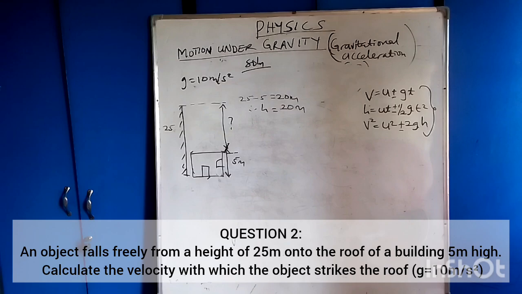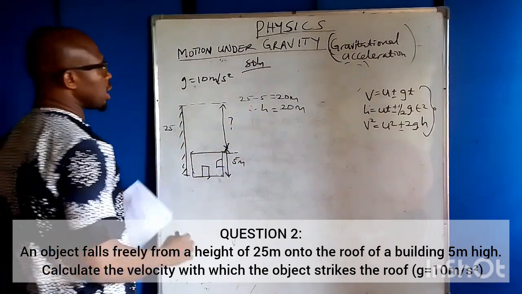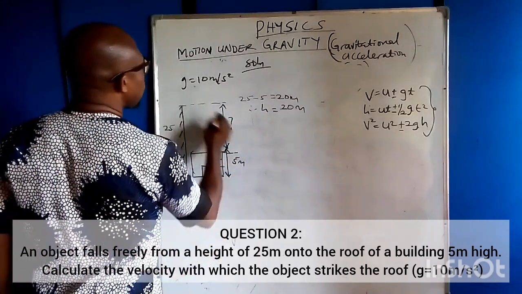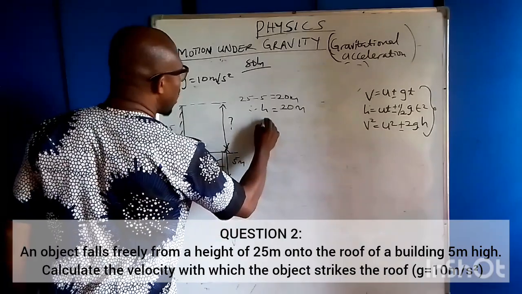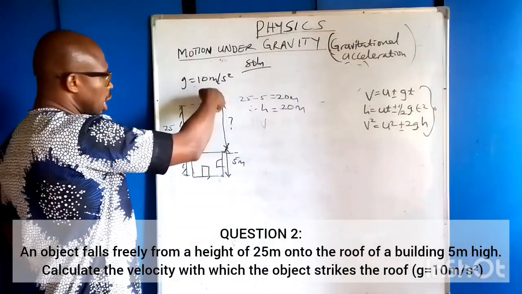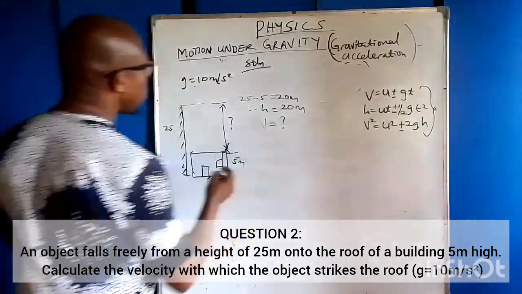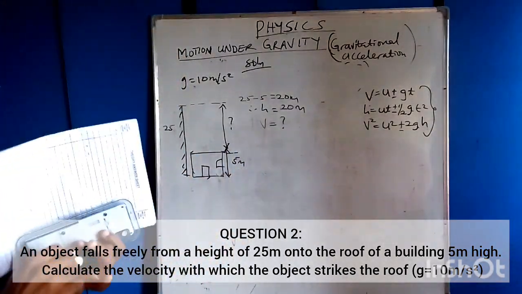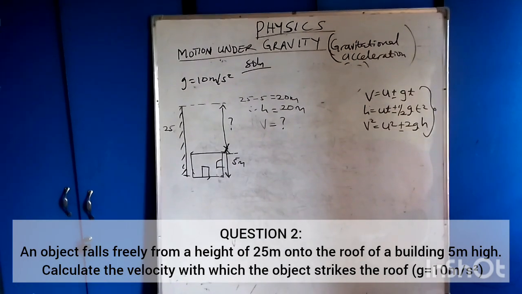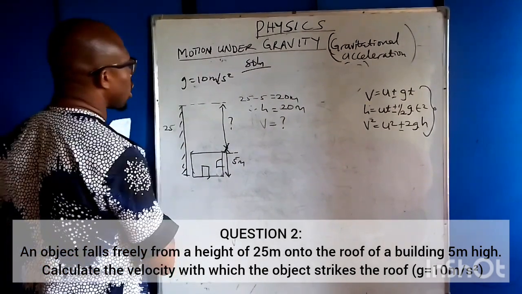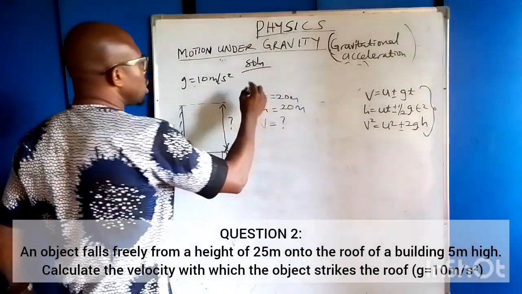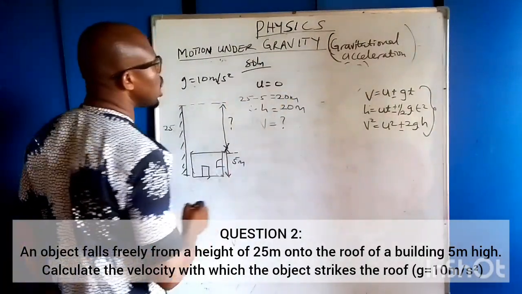Having gotten our height to be 20 meters, the velocity with which it strikes the roof is what we are looking for. Since it's released from a height, u is 0.